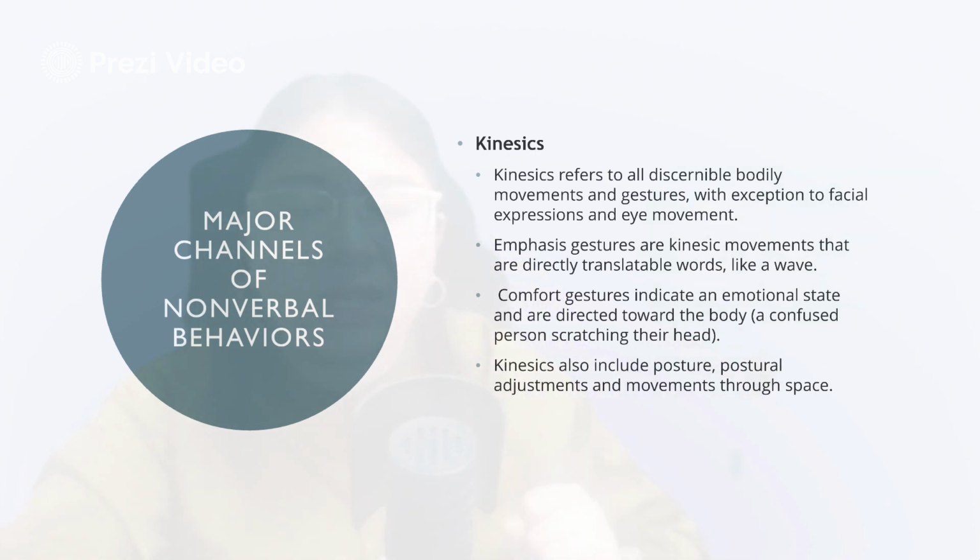However, facial expression and eye movements are not included in kinesthetic. Emphasis gestures are kinesthetic movements that are directly translatable into words, like a wave. Sometimes when you wave to your friend, it means that you say hi, or maybe you would like to say goodbye, see you again.